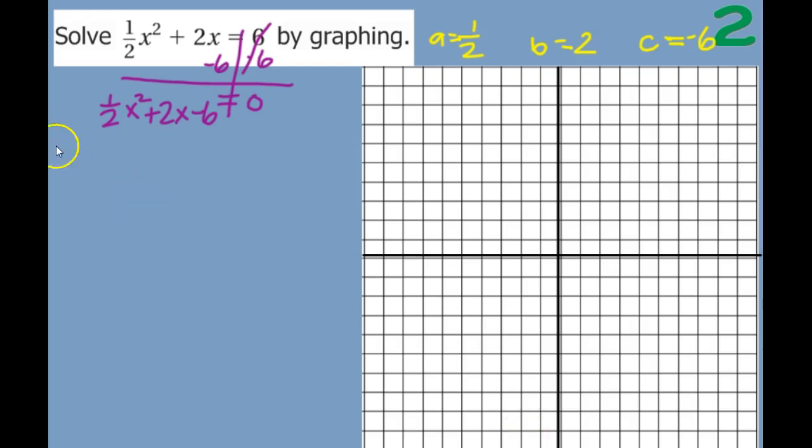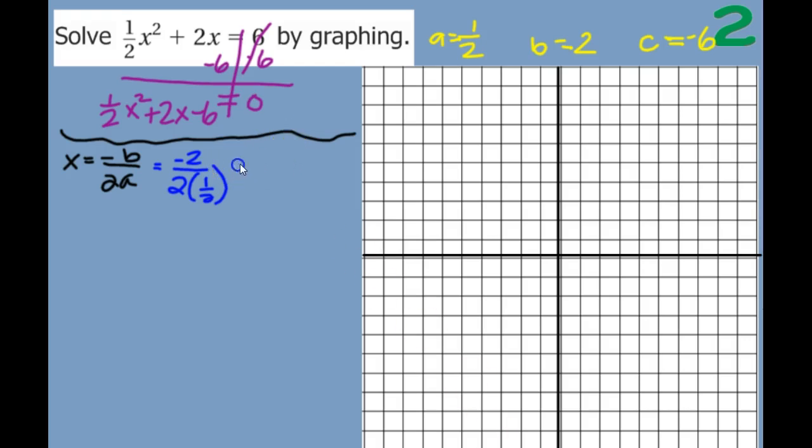later. So the first thing that we need to do in order to graph this is to find our axis of symmetry, negative b over 2a. This is the same procedure we followed yesterday on 10.2. So we have negative b, and b is 2, over 2a, and a is 1/2.